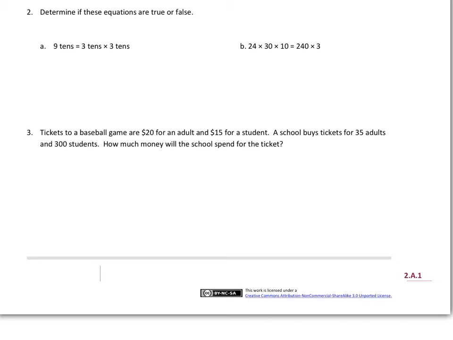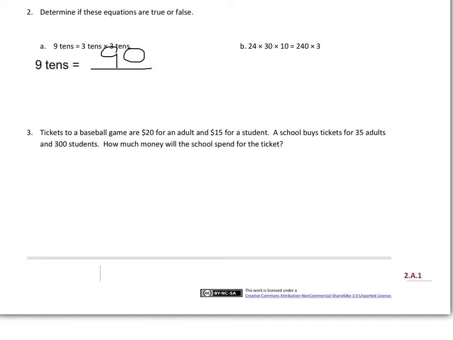Question number 2 says, determine if these equations are true or false. A. 9 tens equals 3 tens times 3 tens. Let's start by looking at 9 tens. 9 tens would be equivalent to 9 groups of 10. 9 groups of 10 would be 90. 3 tens would be equivalent to 30.